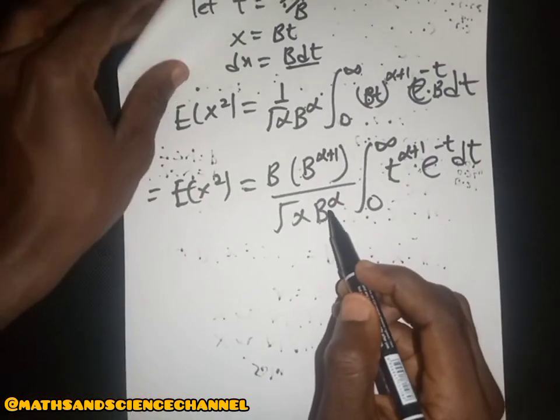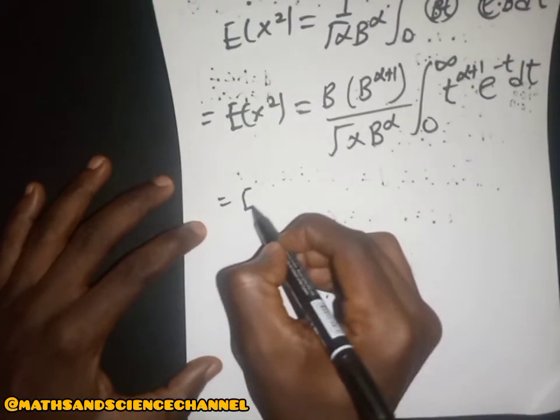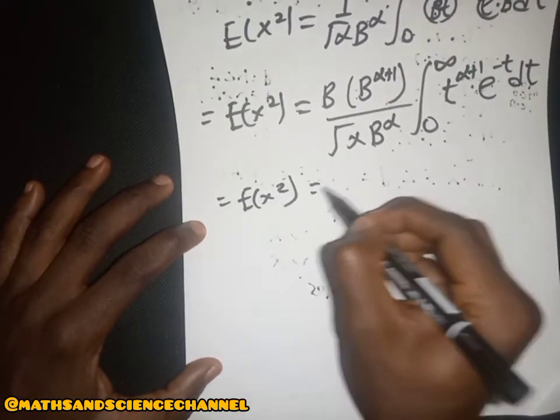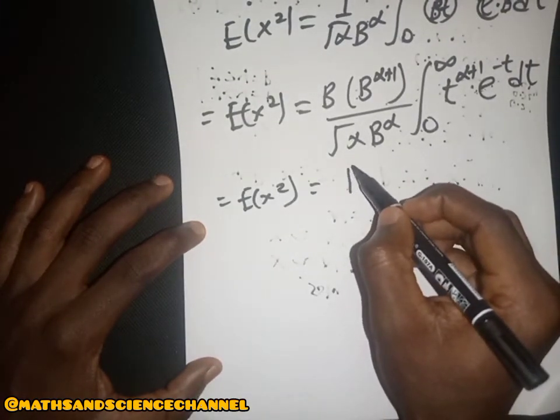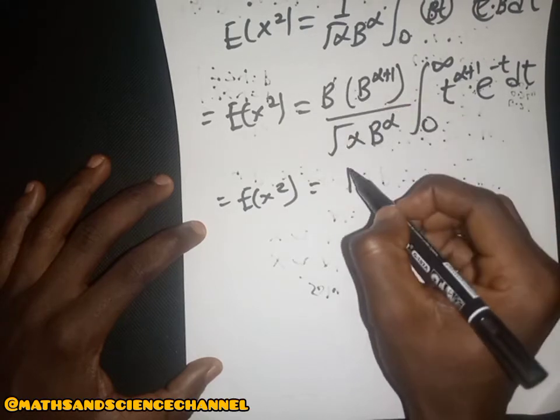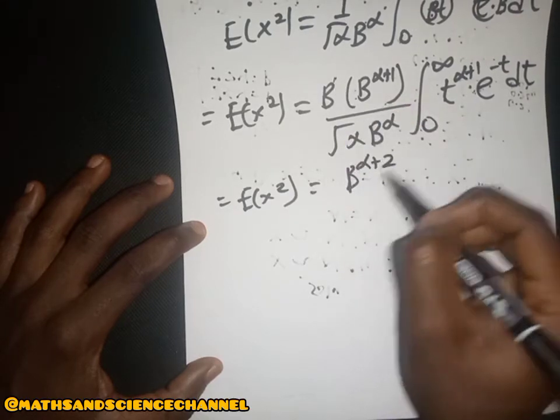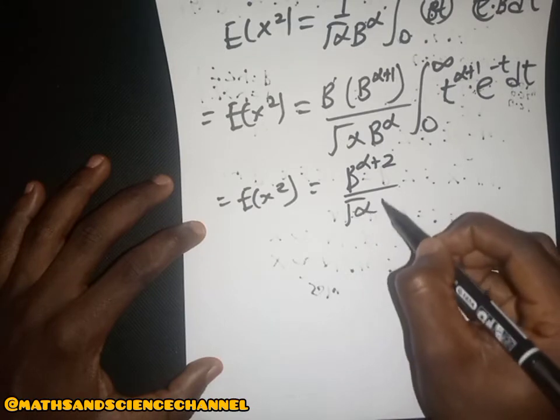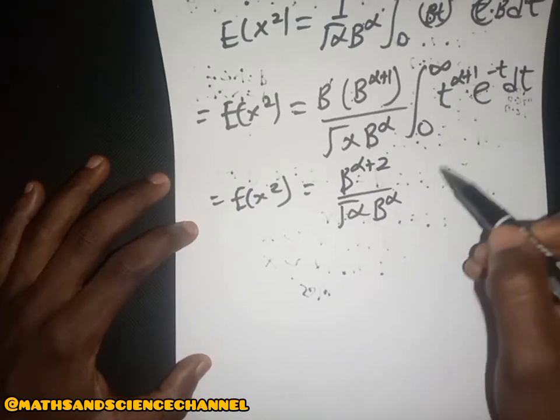So from here we just have beta, it's to the power 1 here, so we have beta to the power alpha plus 2 here, divided by the gamma of alpha beta to the power alpha.